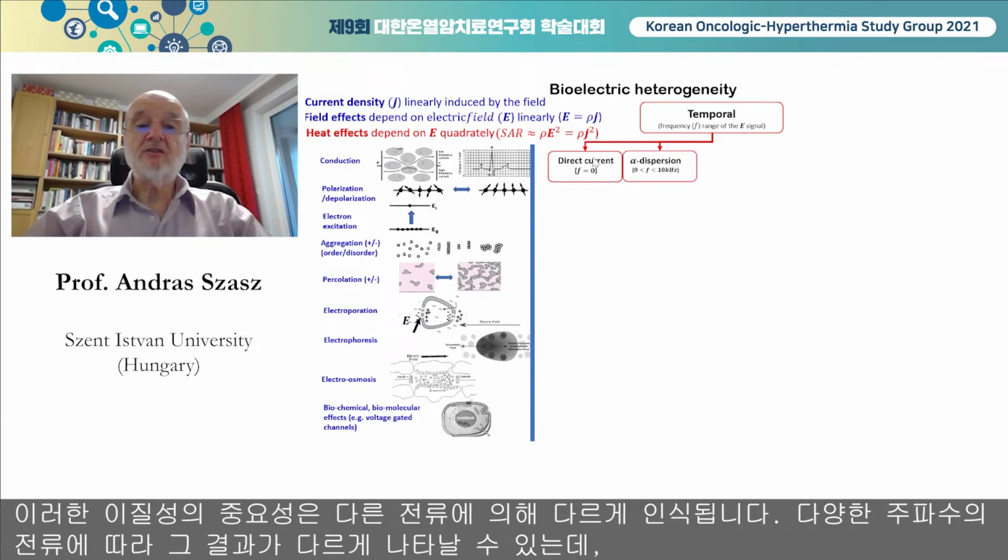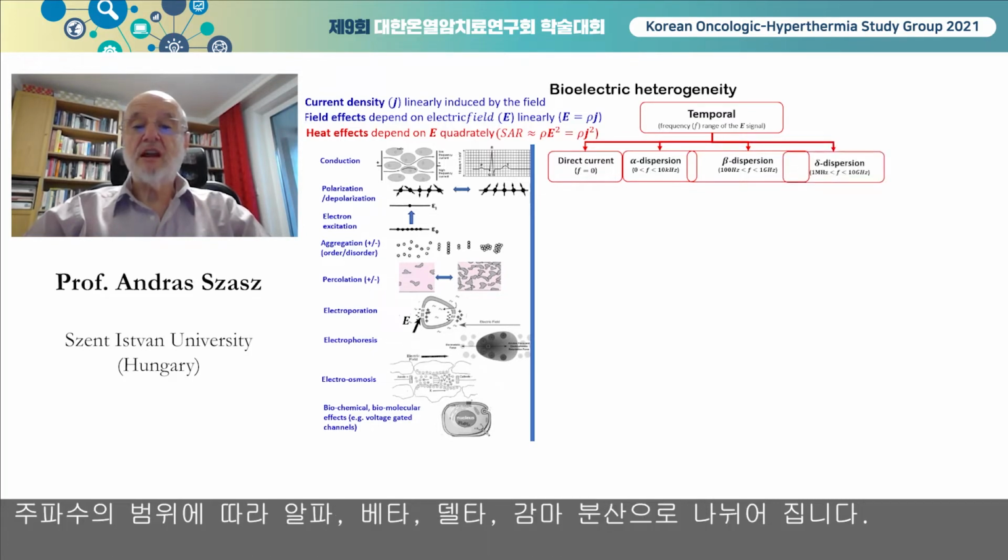If the current is zero frequency, so it's a direct current, or a lower or higher frequency, we call these dispersion relations, and we can have alpha, beta, delta, and gamma dispersion depending on the different ranges of frequencies applied.